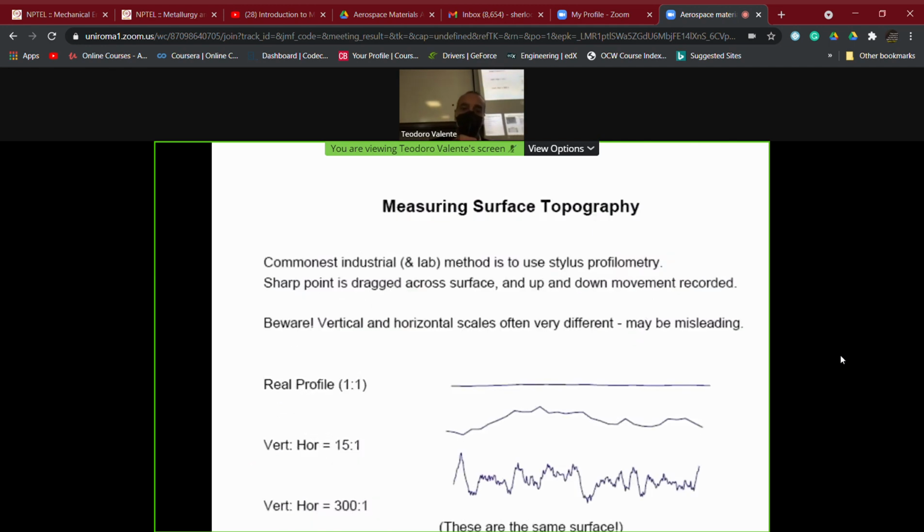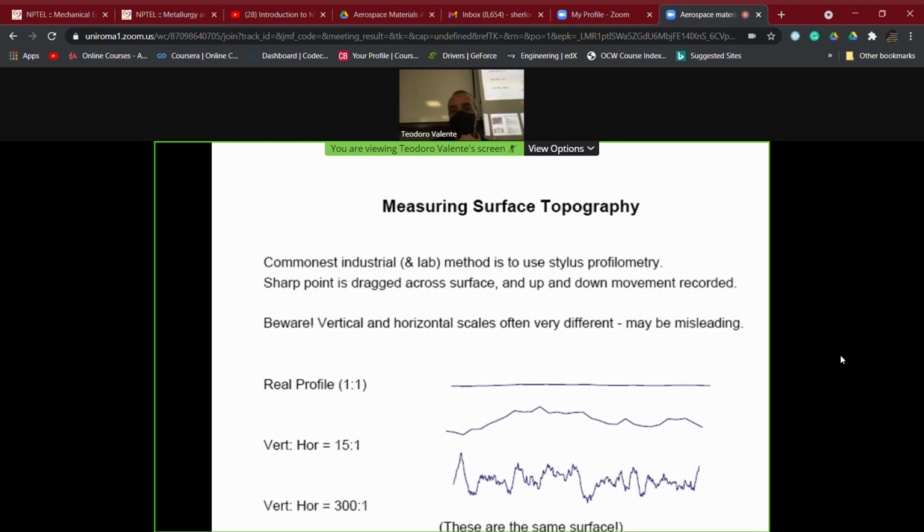So one important technique which is available on the lab scale is devoted to measuring, so this means with figures, with numbers, the surface topography. And the most common industrial and also lab scale method to have a numerical idea of the surface topography is stylus profilometry.